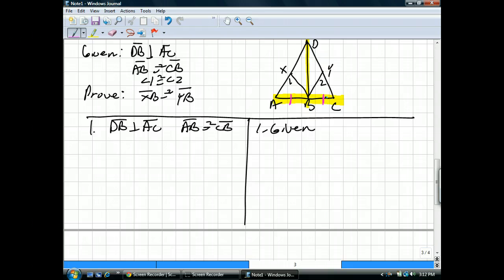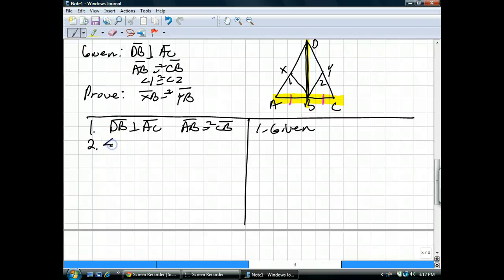Okay, so I can say then, because DB is perpendicular to AC, oops, lost my line there, then I know I have congruent adjacent angles.